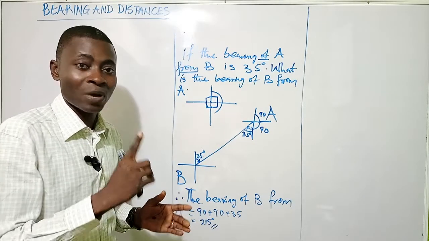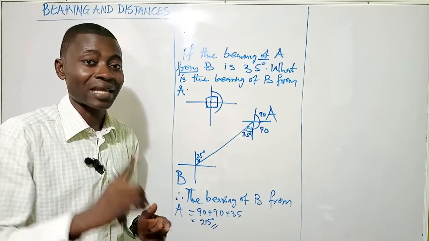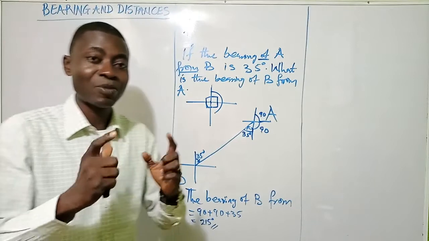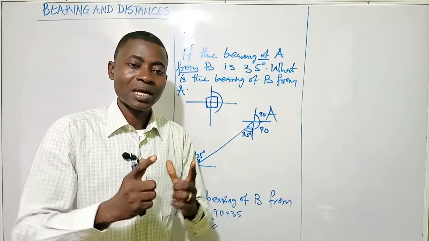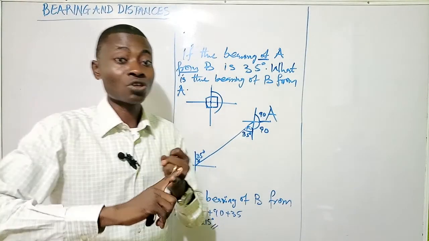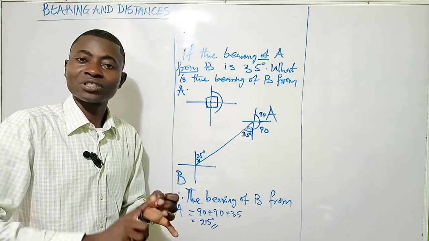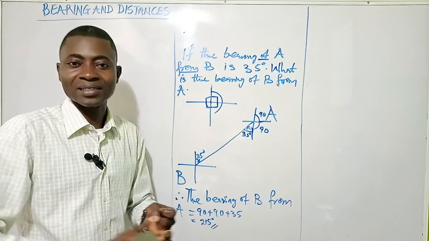I won't end this video without first reminding us that another key thing we need under this topic is also the basic formulas. The basic ones are your cosine rule and your sine rule, or cosine formula and sine formula.